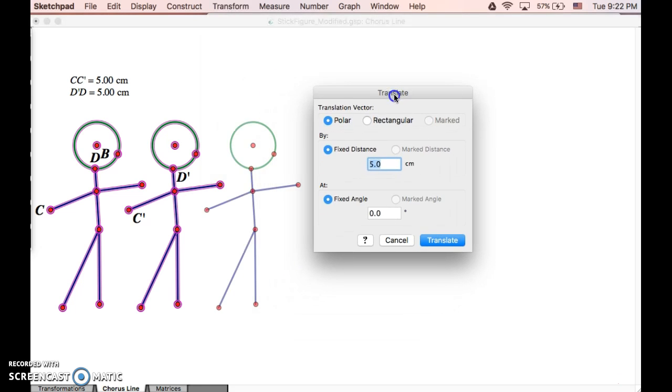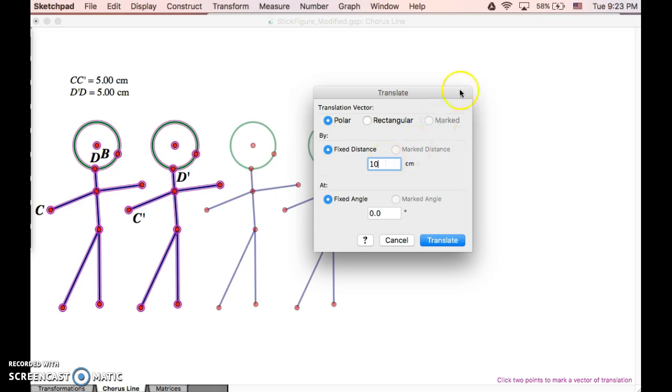Now, look what happens if we translate by 5, like we did in the beginning. We only end up with 3. What happened is that the original stick figure became translated on top of the second stick figure. We do not want that.